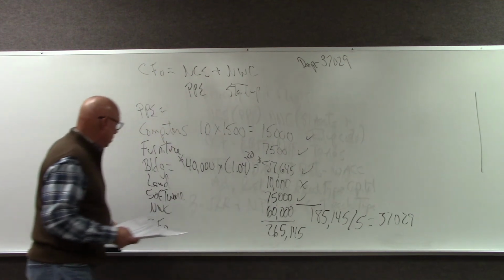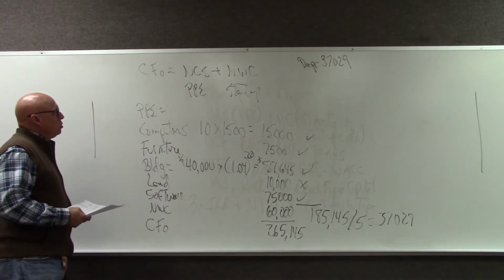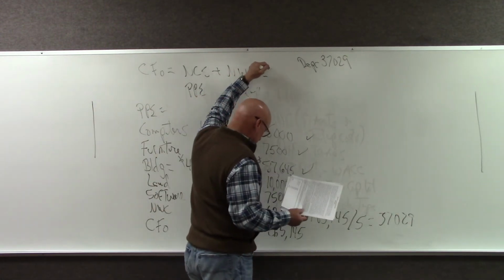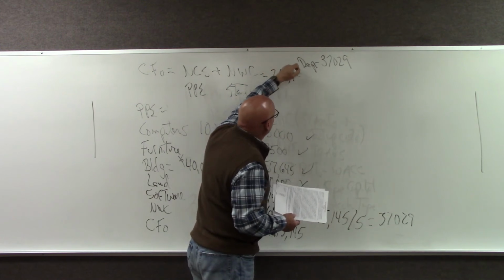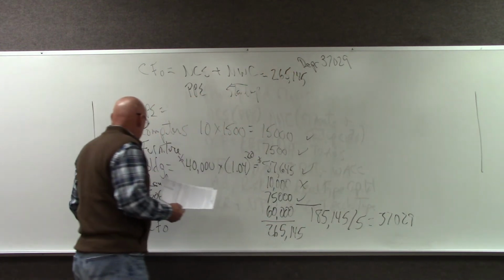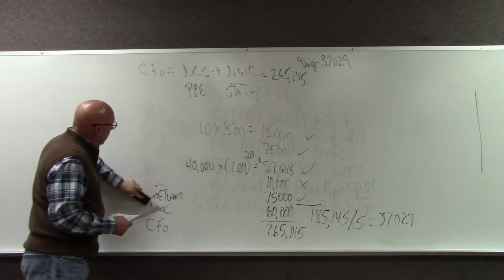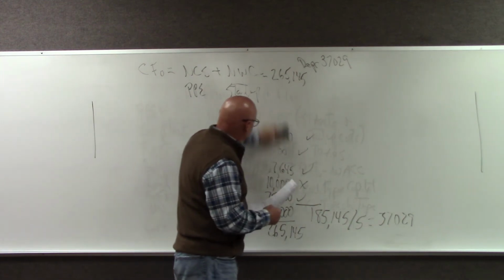Now we got our CF0, and that's going to be 265,145. All right. Now let's erase all this, and let's do our operating cash flow.